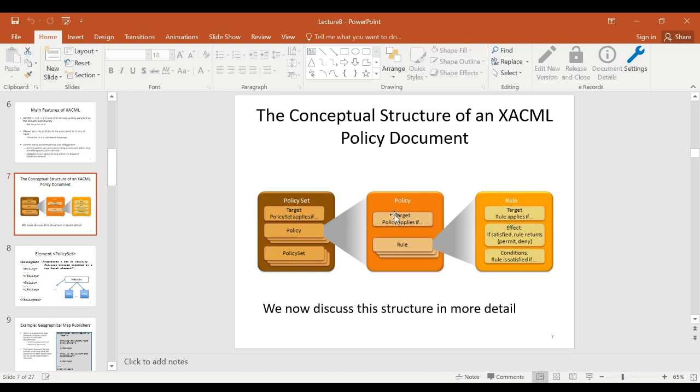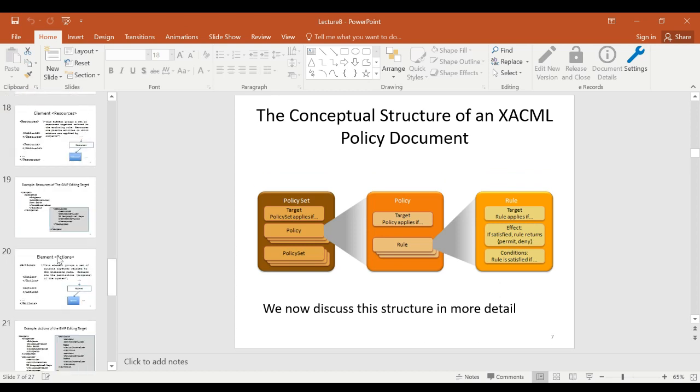But if any policy had its own target, then that target will override the policy set target. So that was the idea of how you can sort of move up the target at each level in order to make your life easier if that target is being shared across the elements at the next level downwards.